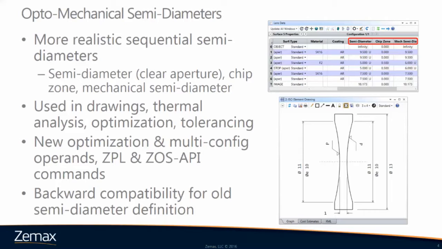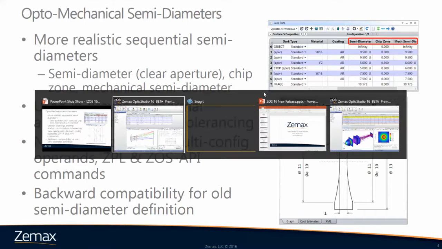For backward compatibility, you will be able to read in files that don't have chip zone and mechanical semi-diameters defined, and in those cases, those values will be set to 0, such that the semi-diameter is the only diameter that's used. Let's take a look at how this is implemented in OpticStudio 16.